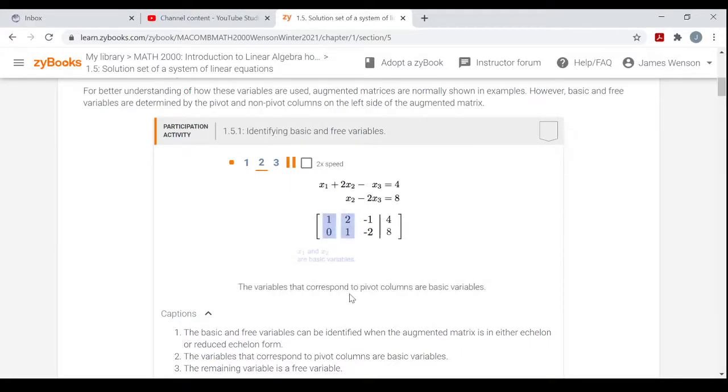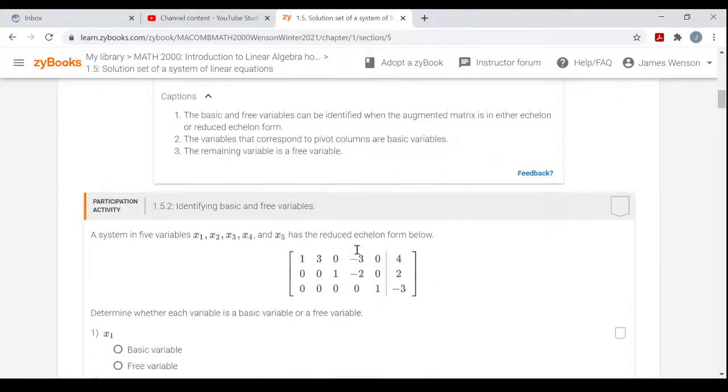The variables that correspond to pivot columns are basic, x1 and x2, and then all the other ones in the coefficient matrix. Notice they didn't highlight to the right of the bar. They didn't highlight the matrix of constants. Just in the coefficient matrix you're going to use to identify the free variables and basic variables.